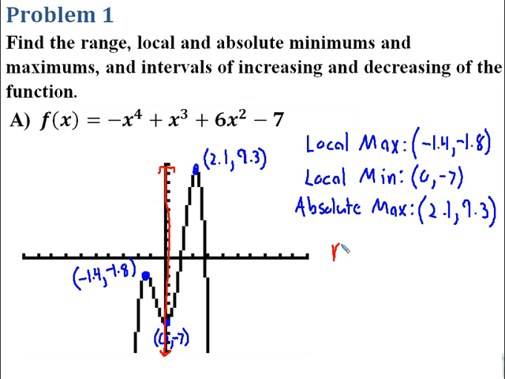Okay, so for my range, I'd say this graph runs from negative infinity up to the y value of that maximum, 9.3. And as far as that 9.3 goes, I'm going to use a parenthesis here because it's not exact, it's rounded. Okay, it doesn't make sense to say equals exactly 9.3 just because we rounded things.